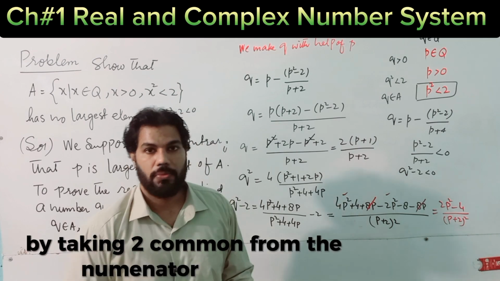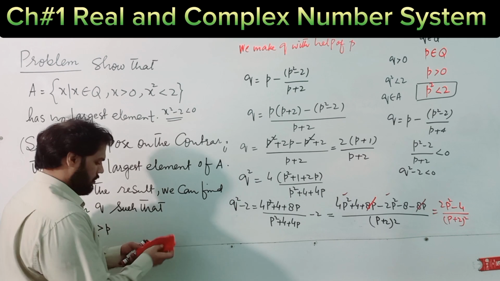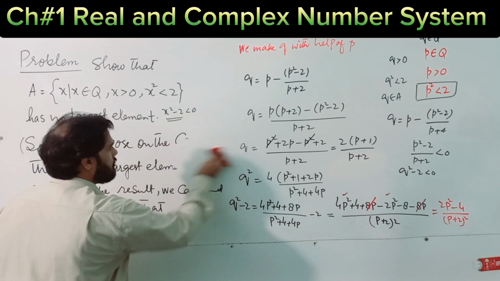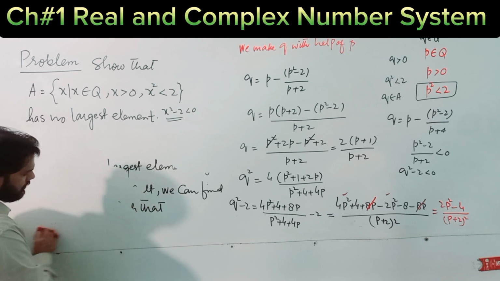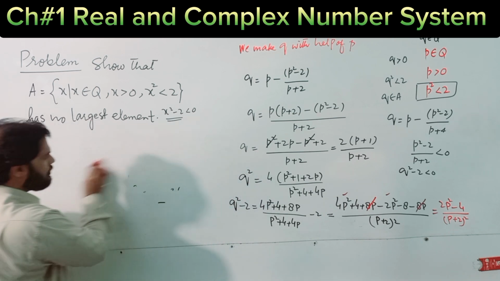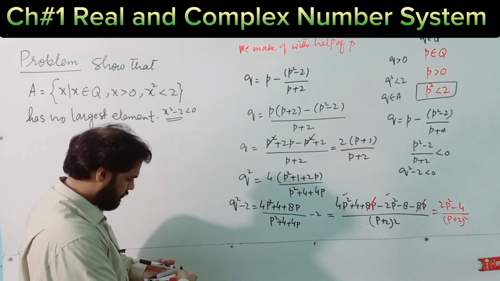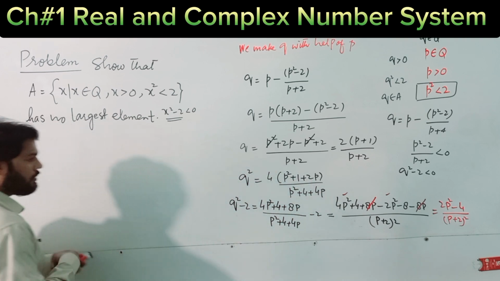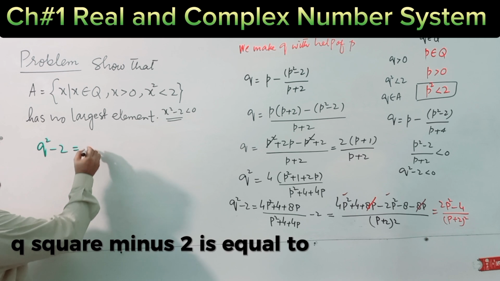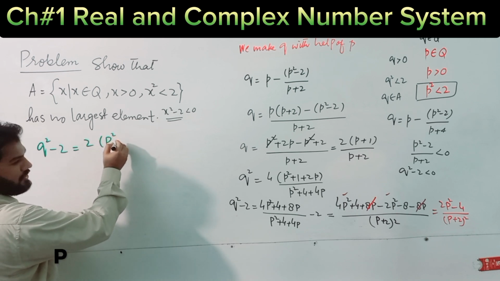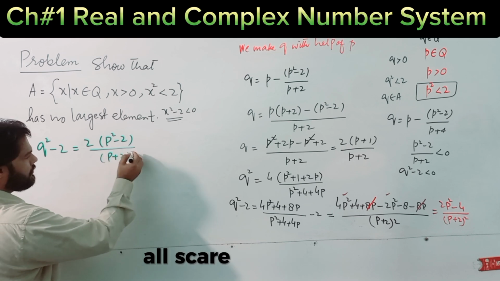By taking 2 common from the numerator, we have p square minus 2. So this will become q square minus 2 is equal to 2 times p square minus 2 over p plus 2 whole square.